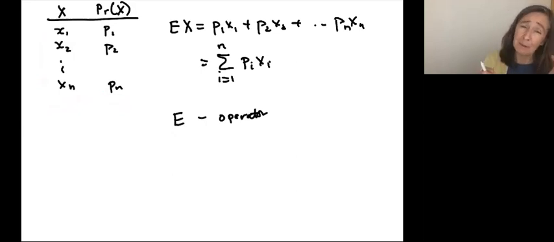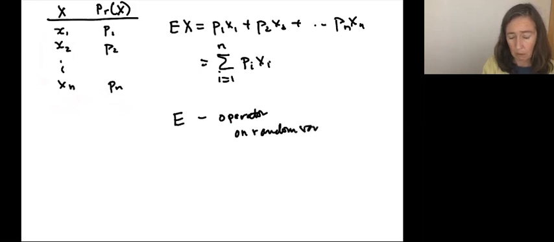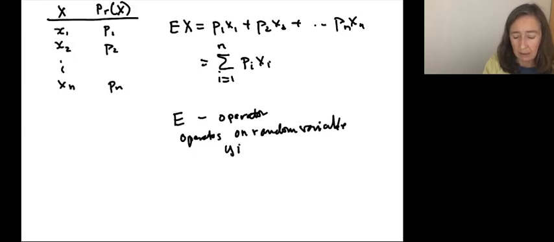You're going to see that we will sometimes be taking the expected value of something that's a number, and the way we think of that is a random variable that takes the value of the number with probability 1. But it's an operator in general that operates on random variables and yields a number.